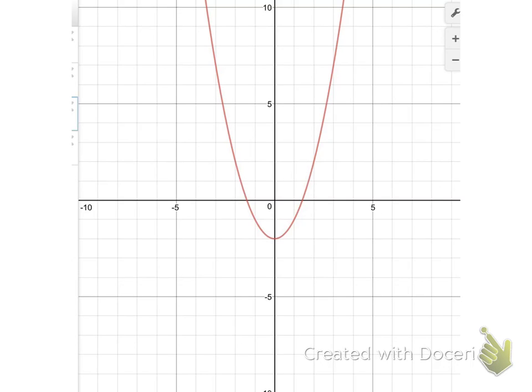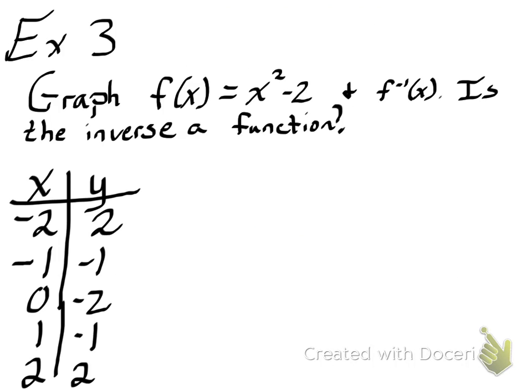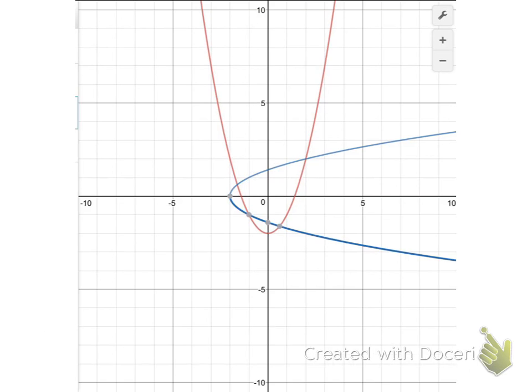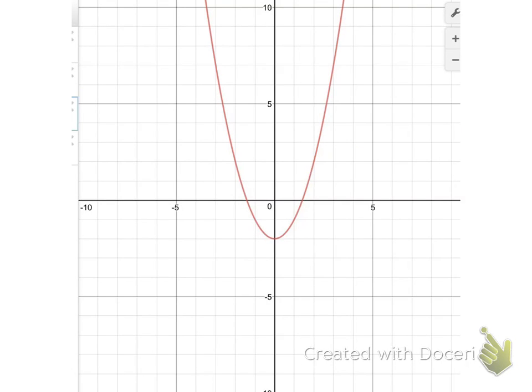And so I can graph that function, and I graphed it here in red. So one way to graph the inverse would be simply just to switch the places around and then graph a set of points, which, if I continued on, the trend would show me this.